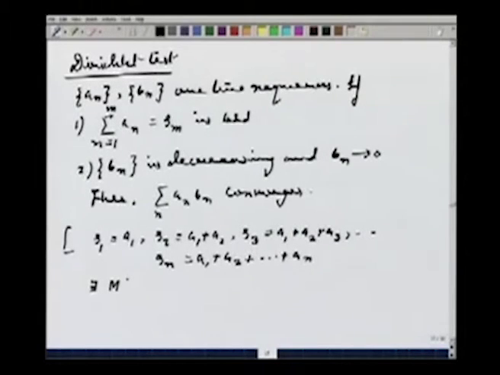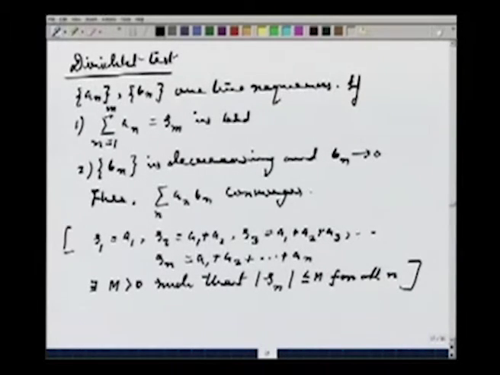It means there exists some M bigger than 0 such that the modulus of Sn is less than or equal to M for all n. This is what we mean by saying that Sm is bounded. If that happens, and bn's are decreasing and bn goes to 0, then the series summation over n of an bn converges. This is called the Dirichlet test. So let us just illustrate it by the following example.